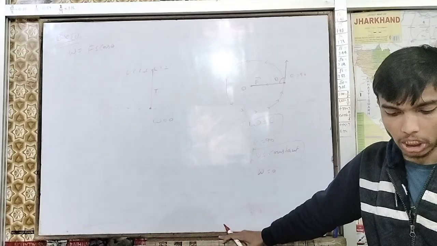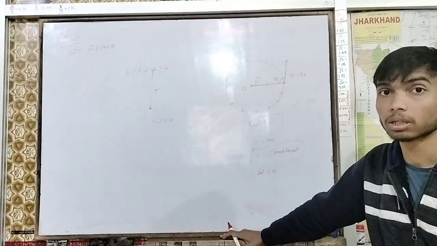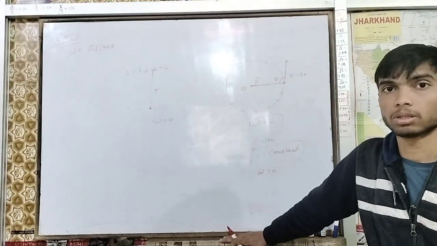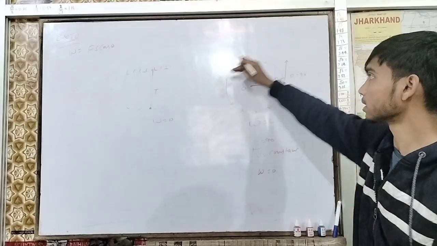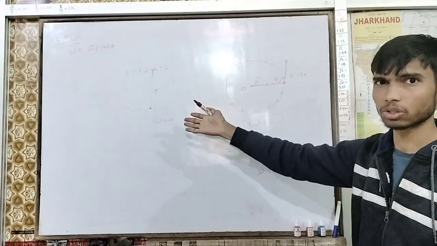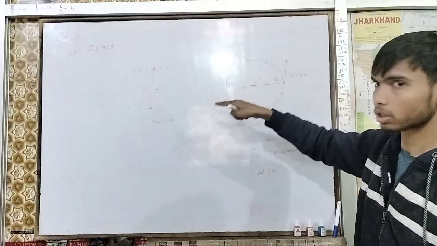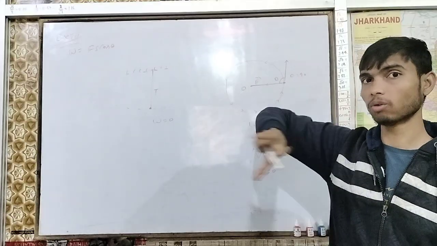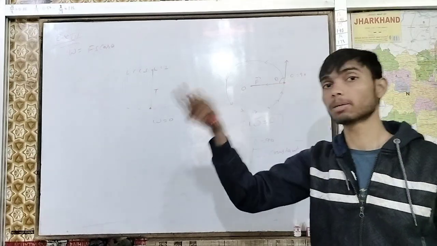Electron is moving around the nucleus. We will say it later. Satellite is moving around the Earth. It is working like this. So let's say this is a satellite. Satellite is moving around this Earth. Velocity is constant. So what do you think? If velocity is constant and the satellite is moving around the Earth, the reason is centripetal force.